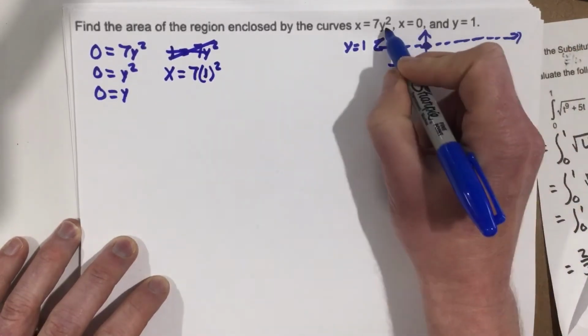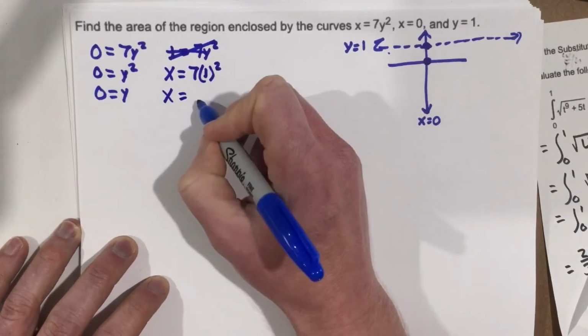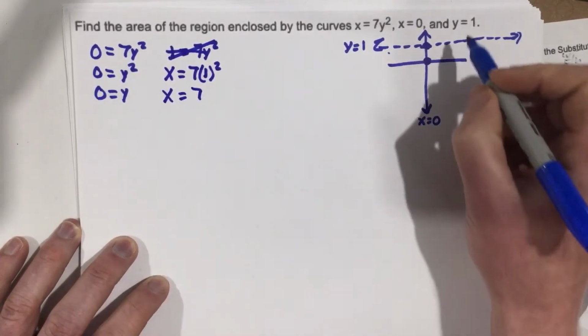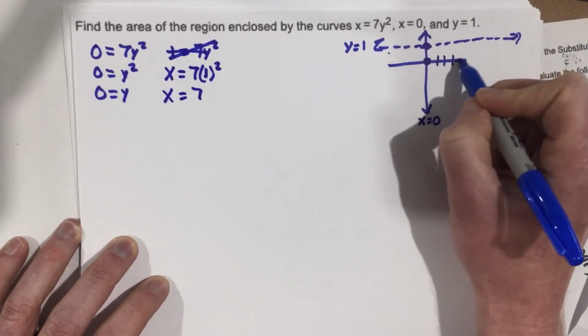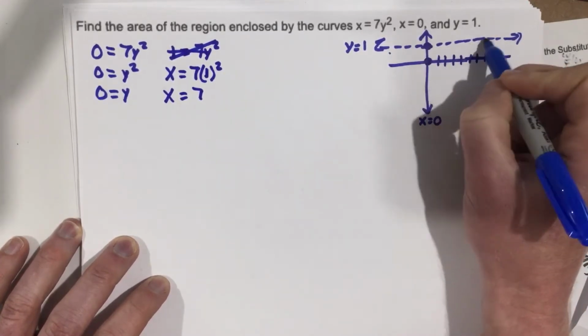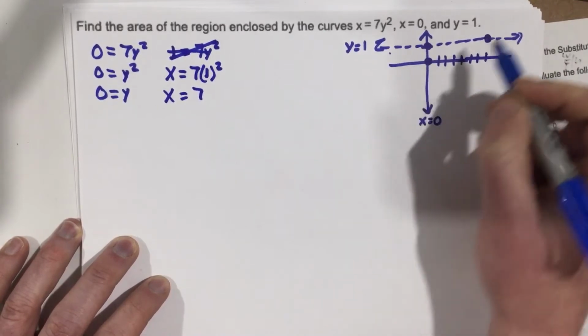Because it's y equals 1, we plug it in for y. That would be x equals 1 squared, which is 1, times 7 is 7. So they intersect at x equals 7. If we go out 1, 2, 3, 4, 5, 6, 7, y equals 1 intersects right there.